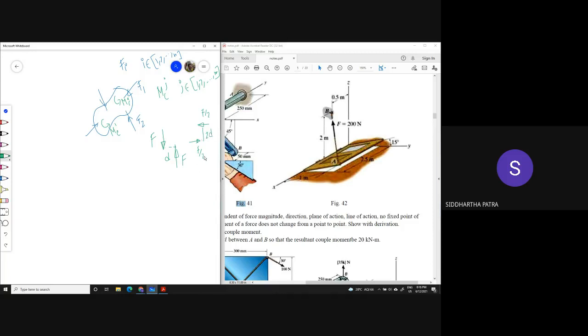The direction of the forces and the actual distance between the forces, none of those matter. What matters is the net effect, which is the couple moment.